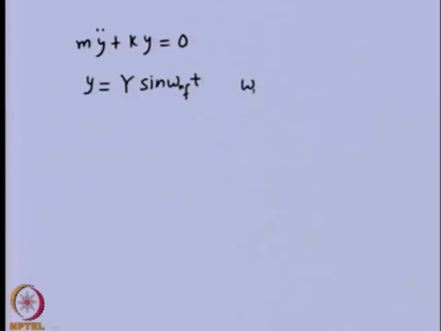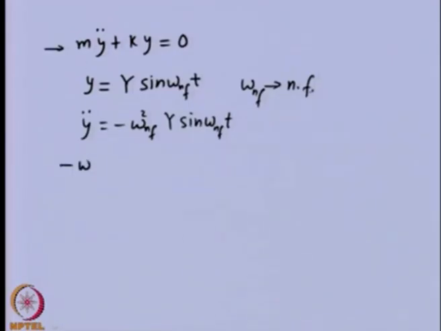Here this is the natural frequency, this is not the spin speed of the shaft, because at present we have neglected the unbalanced force. So, the frequency corresponds to the natural frequency. If we take the double derivative of this, we will get this expression, and we can substitute this in the equation of motion.